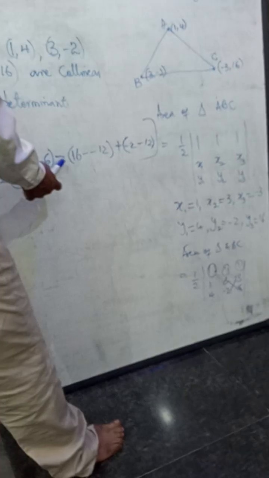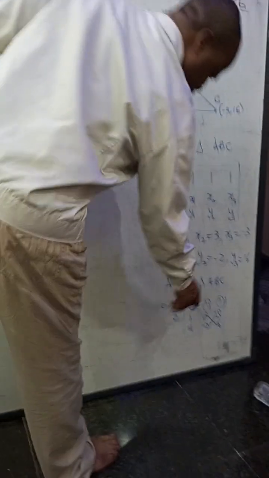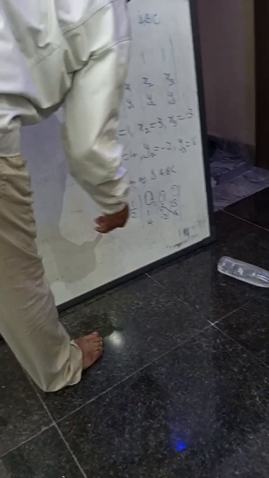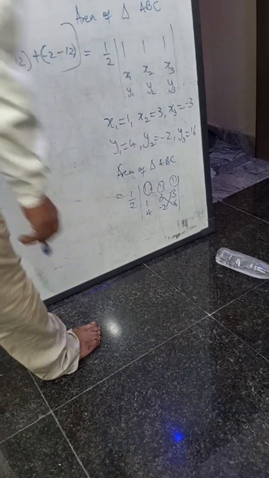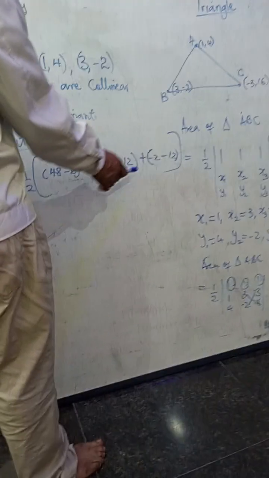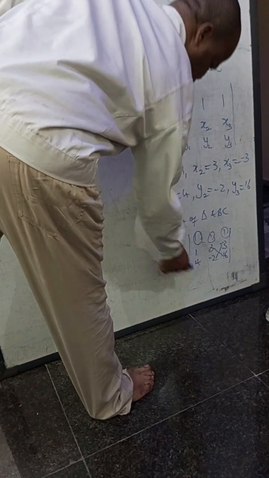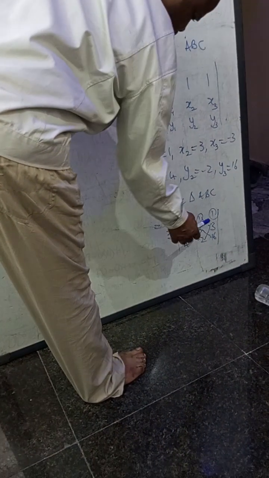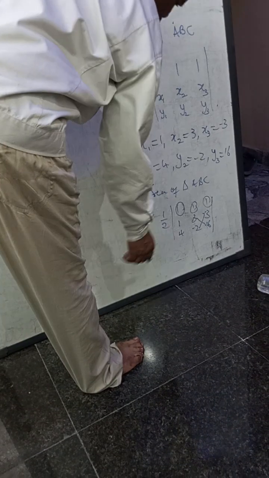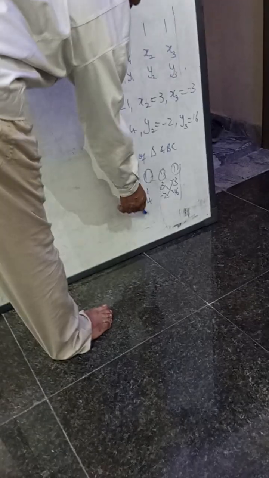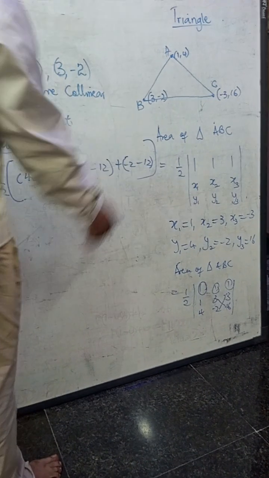So that's why this is minus. And then since we are here, we have 1 times 16, then minus 4 times minus 3, which is minus 12. So we have 16 minus 12. Then we pick the third point, which is a plus. Picking this point, we are only left with these 4 factors. So we begin from 1 times -2, that gives us -2, minus 4 times 3, that gives us -12.